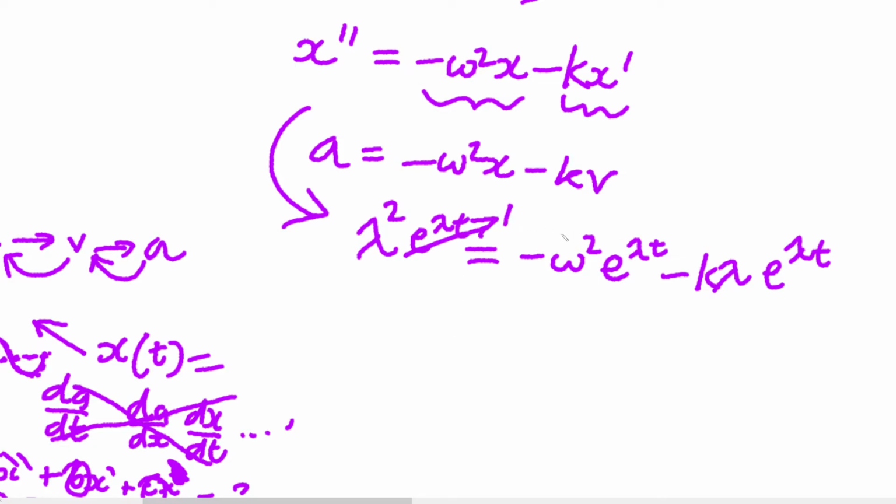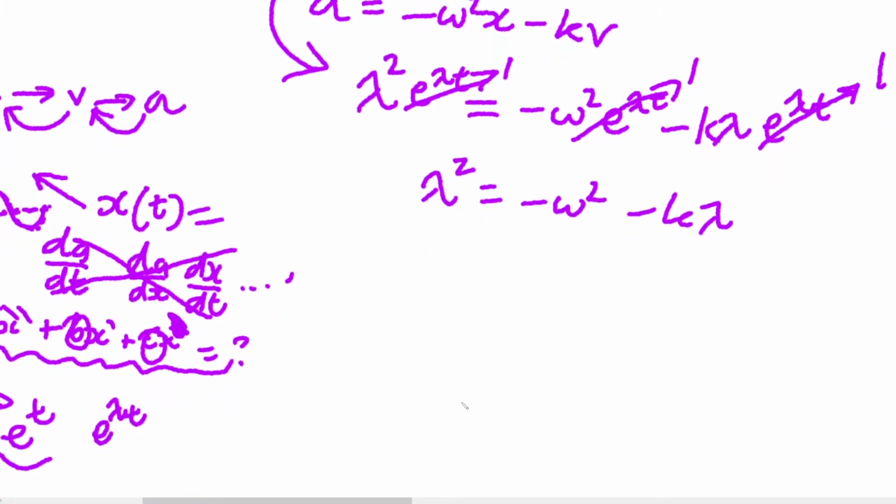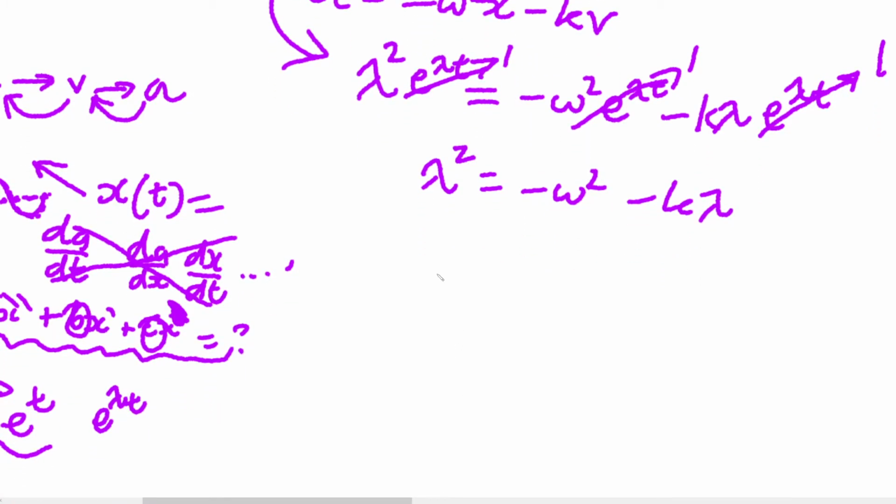So this cancels out to 1 if we divide by e to the lambda t on both sides, and we get lambda squared is minus omega squared minus k lambda. Or, in other words, we get a quadratic equation that we need to solve in terms of lambda, where lambda squared plus k lambda plus omega squared is equal to 0.